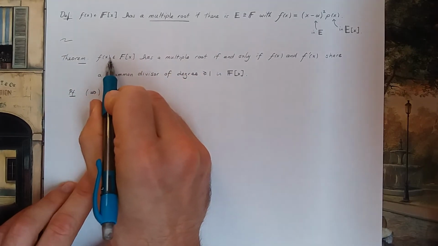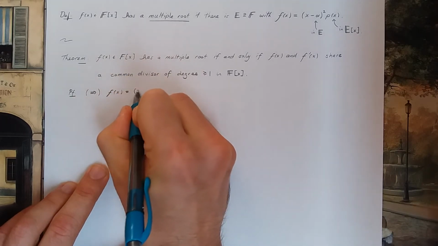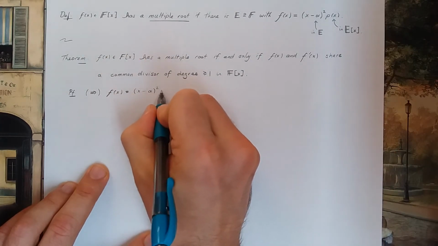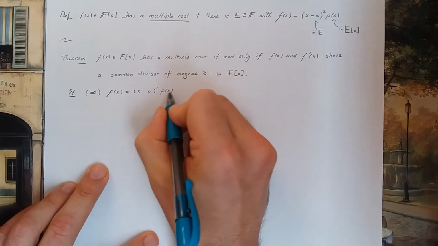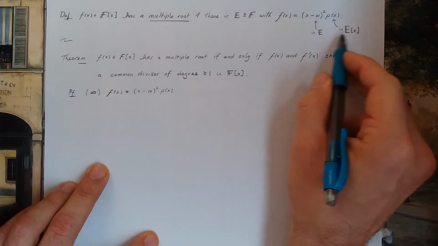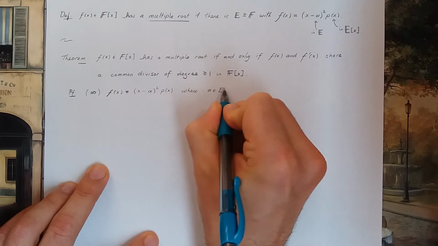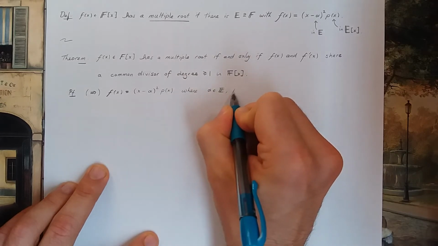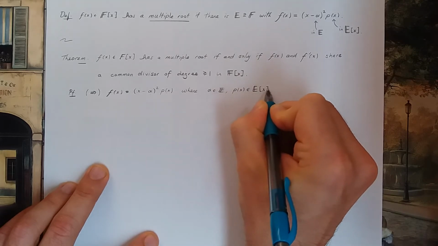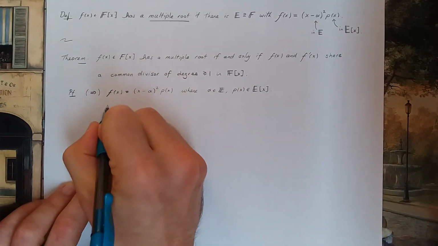Let's assume that my polynomial has a multiple root. So I can take my polynomial and write it as (x minus alpha) squared times p of x, where alpha is in E and p is a polynomial with coefficients in E. So I'll take the usual calculus derivative.